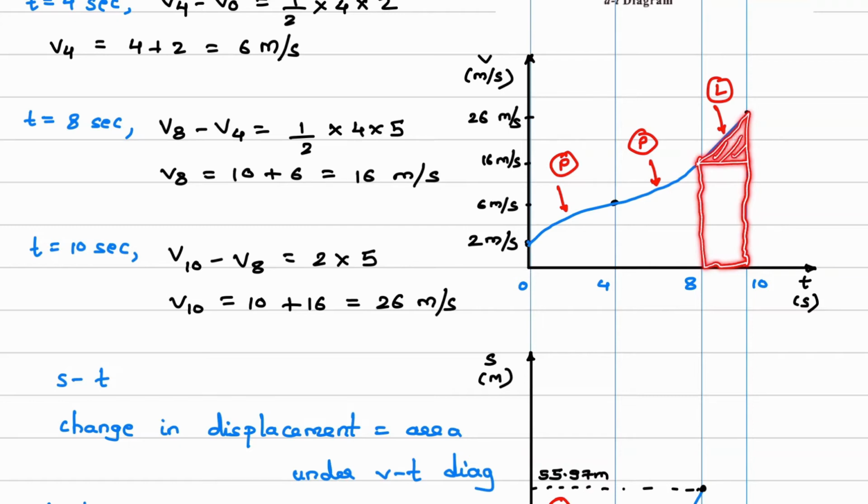So first is the triangle. It will be half into the base, which is 2, into the height, 26 minus 16, 10. Then the second is this rectangle. What is the width of the rectangle? 2, and the height is 16. So 2 into 16.